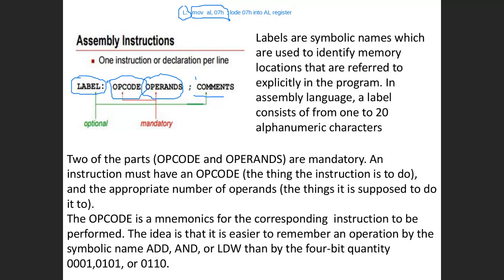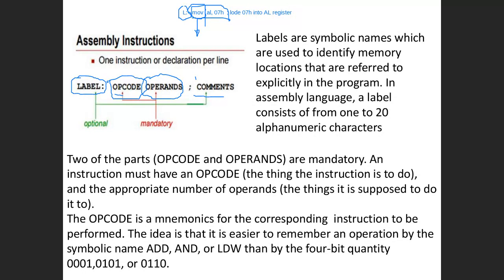Here we have an opcode and operands. This one is called the opcode, or operation code. As I said before in one class, the main operation is identified by this. And we can have two operands.